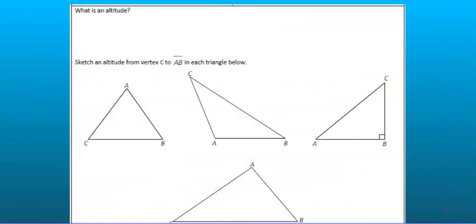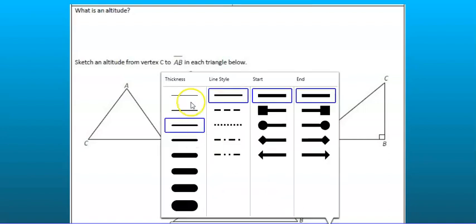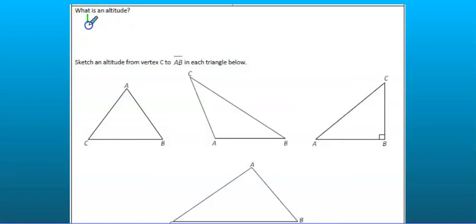Okay, so the last type of segment that we're going to talk about goes from a vertex to, it doesn't necessarily go to the opposite side, and I'm going to show you in a minute why I say that. But what we'll say is that an altitude is a line from a vertex to the opposite side.